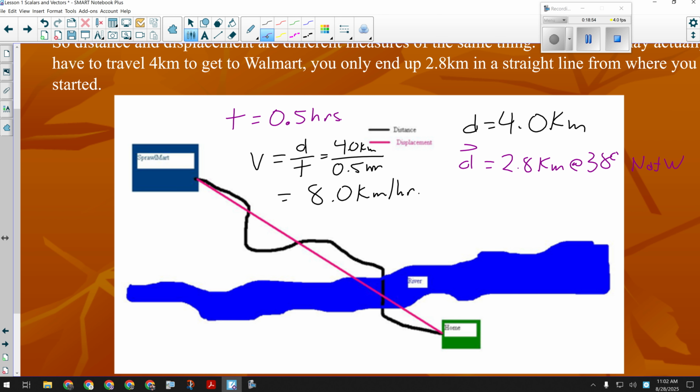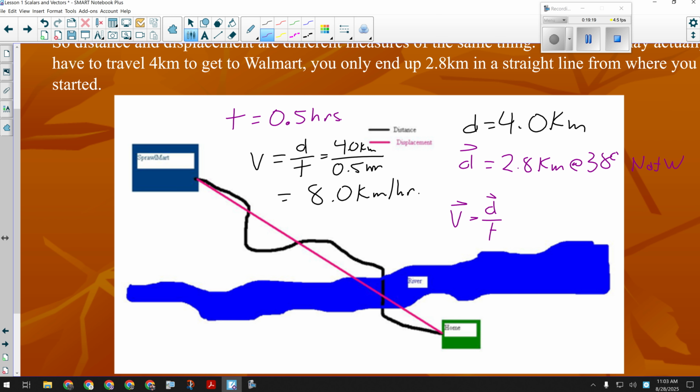What if I want to calculate my velocity? What do I do different? You use your displacement. I use the displacement instead. So I go V with the arrow over top equals D with the arrow over top over time. Time's the same. Regardless of what perspective, the only thing the two stories have in common is it was a half an hour.